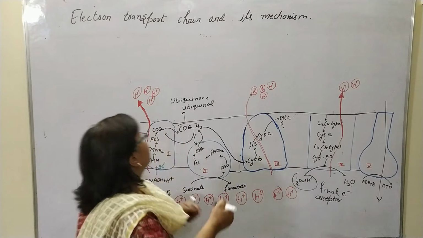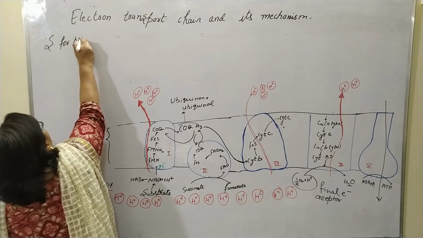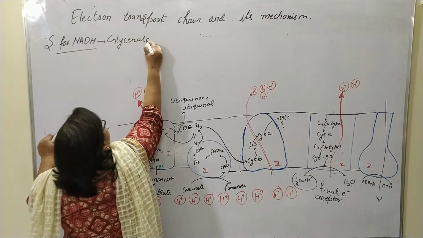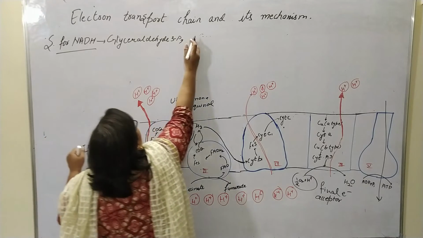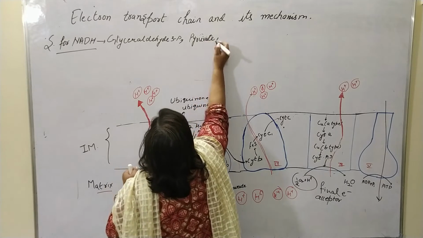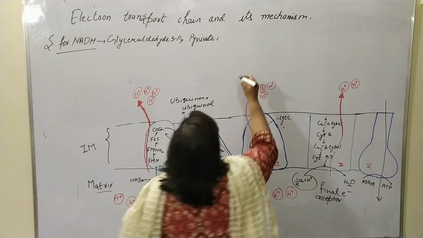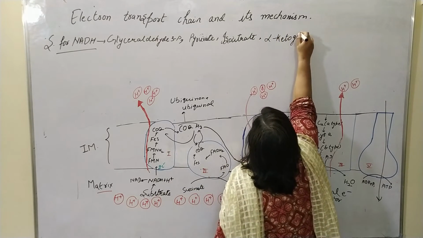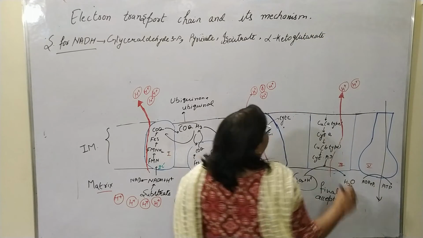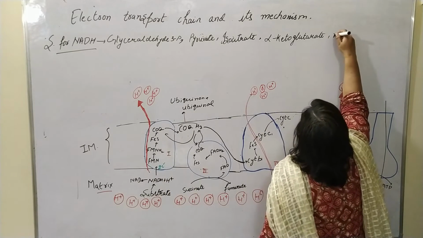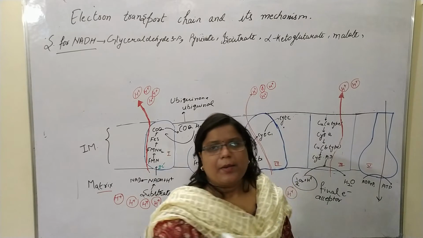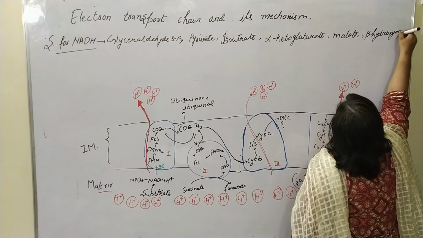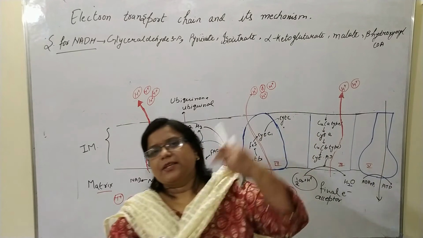So the substrates for NADH, I represent the substrate by S, are glyceraldehyde 3-phosphate, pyruvate, isocitrate, alpha ketoglutarate, malate, and beta hydroxy acyl coenzyme A. So these are the substrates for NADH.